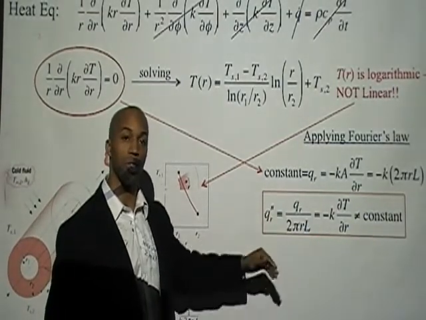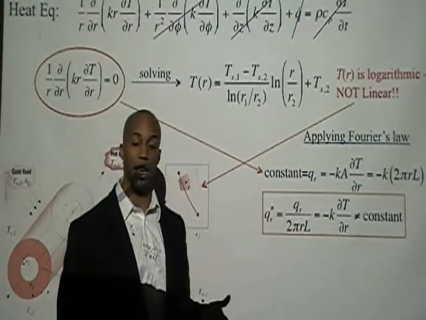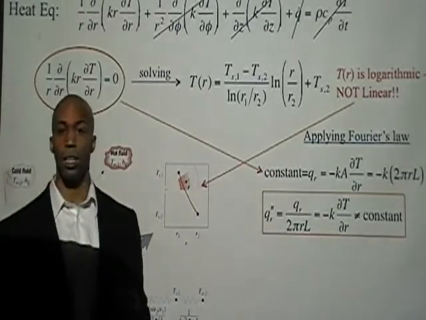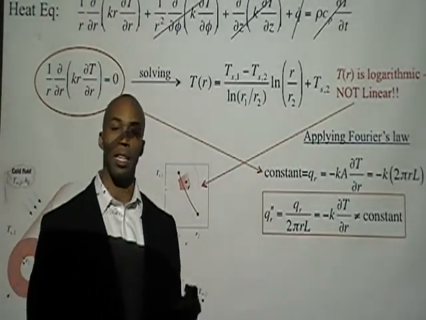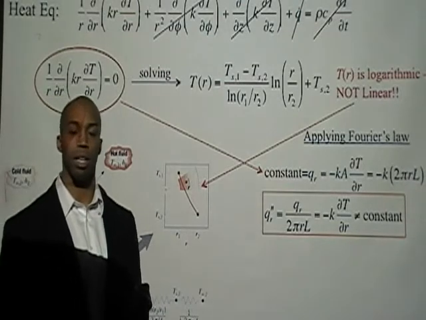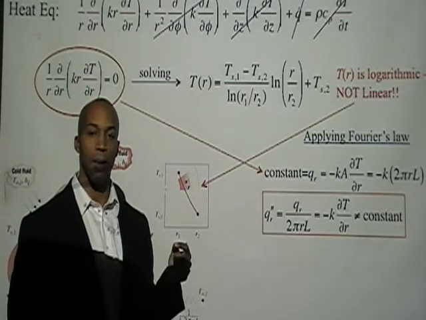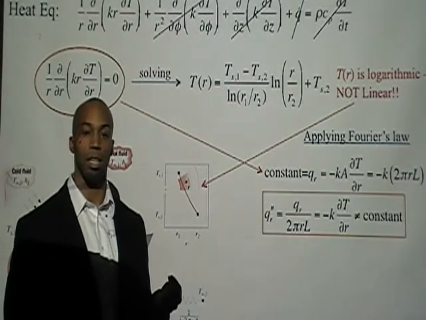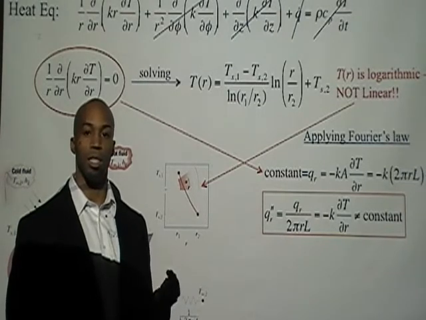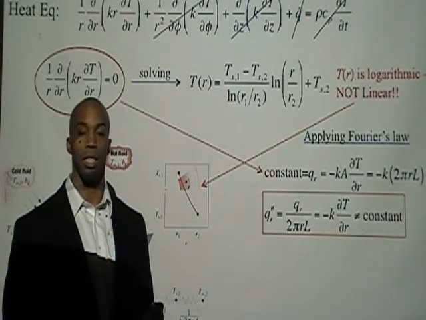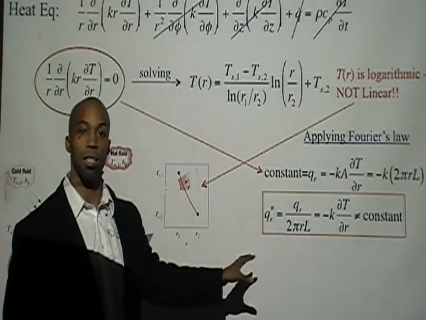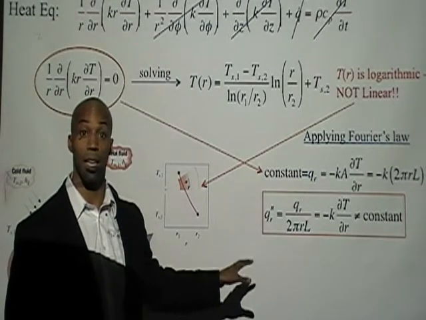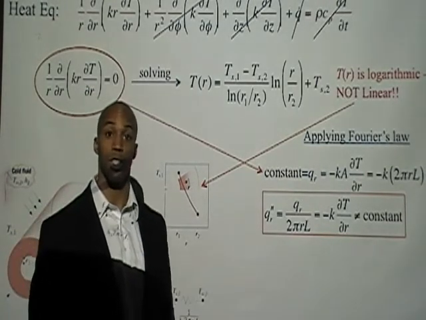So the heat flux will be dropping. So an important distinction between conduction in 1D Cartesian coordinates and conduction in radial coordinates is that in both situations the heat rate is constant. But in Cartesian coordinates, the heat rate and heat flux are both constant. In radial coordinates, the heat flux is no longer constant. Heat flux depends on position r.